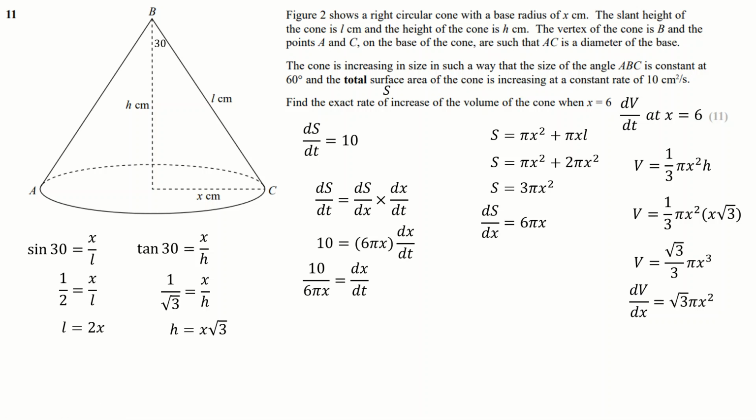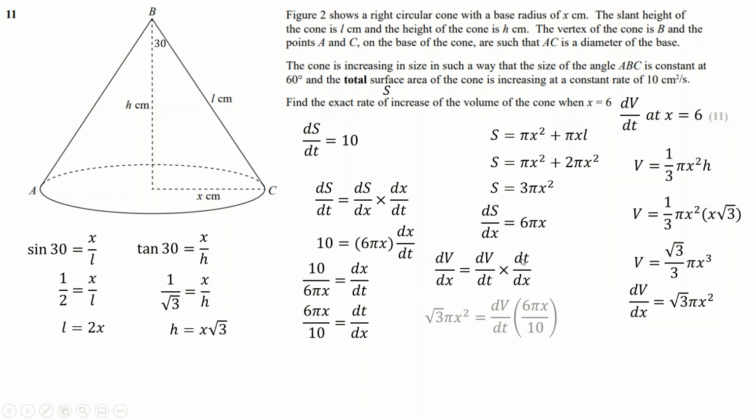You might be thinking, oh, how is that helpful? Well, now we go to this, and dV by dx equals dV by dt times dt by dx, because the dt's would cancel, and I'd just be left with these two. I know this, I want this, I said that right at the start, and actually I know this, because I can just flip this over, and then I can put it in there.